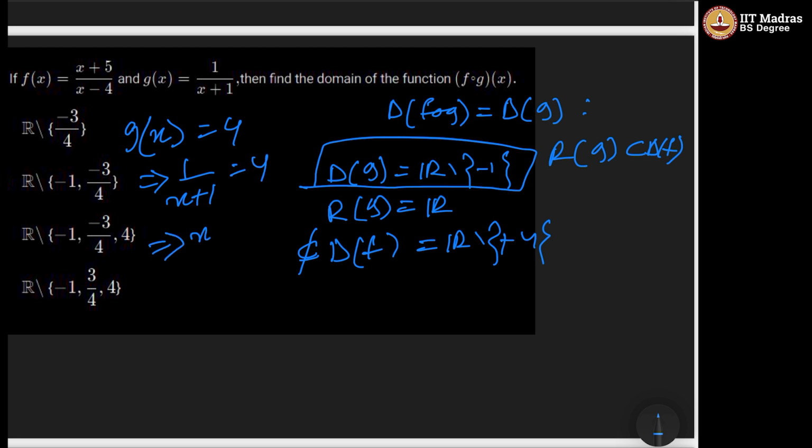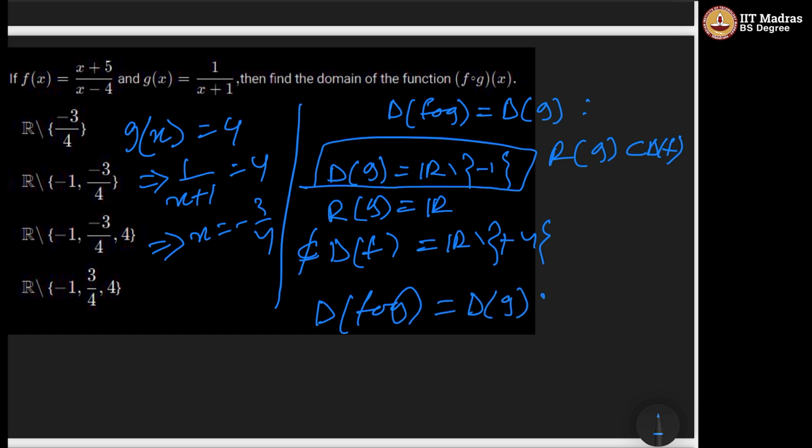From here we will get x equals minus 3 by 4. That means if we exclude the point minus 3 by 4 from the domain of g, then we will get the range as real number minus the point 4. That means then the range will be a subset of the domain of the function f, right? So the domain of f compose g will be domain of g minus 3 by 4, which is basically equal to real number minus 1 minus 3 by 4. Okay, so this is the correct answer.